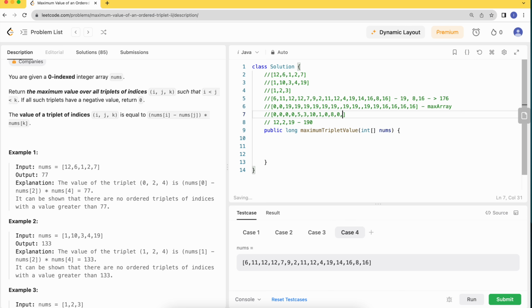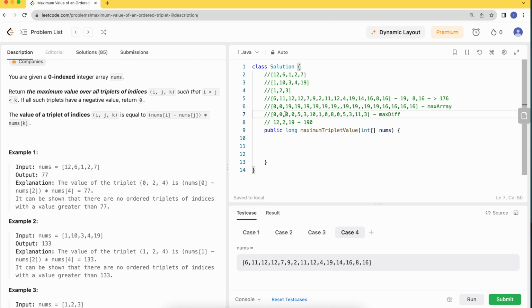Then we'll have 19 as our maximum so far, so 19 minus 14, which will be 5, then 3, then 11, then 4, 3. So this is our max difference array.